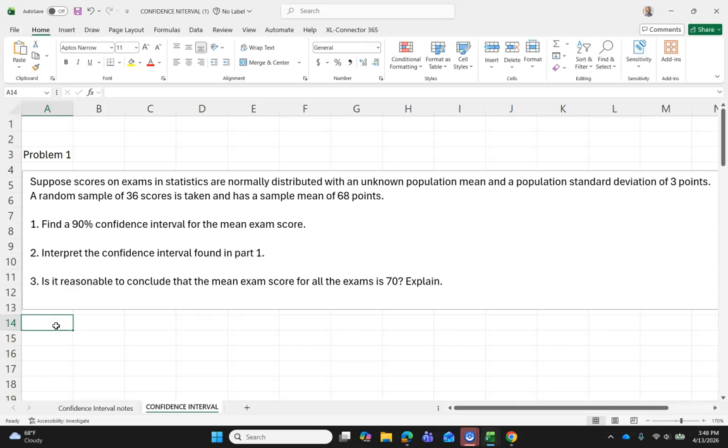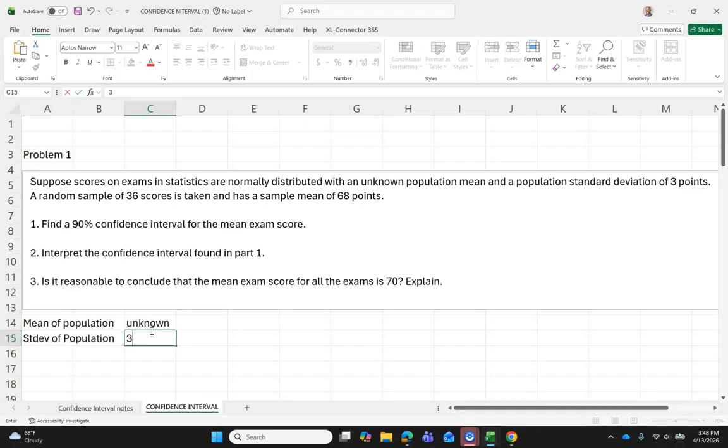So let's summarize the information that we have. We have no idea about the mean of the population. This one is unknown. But we have the standard deviation of the population, and it is given; in this case it is 3.